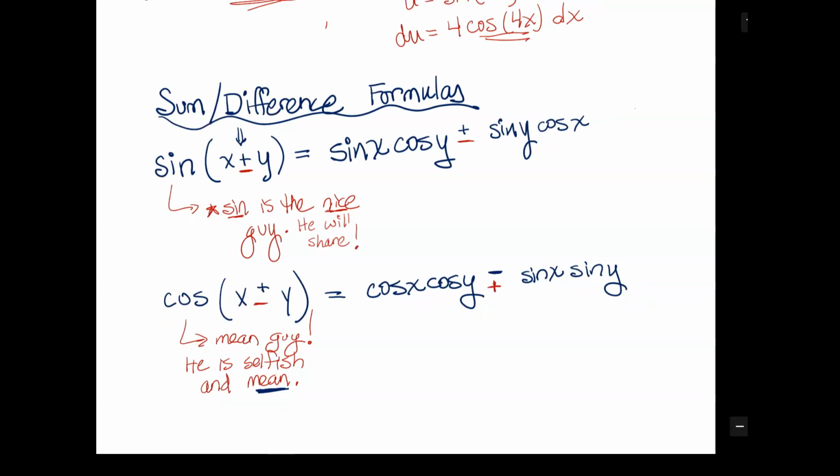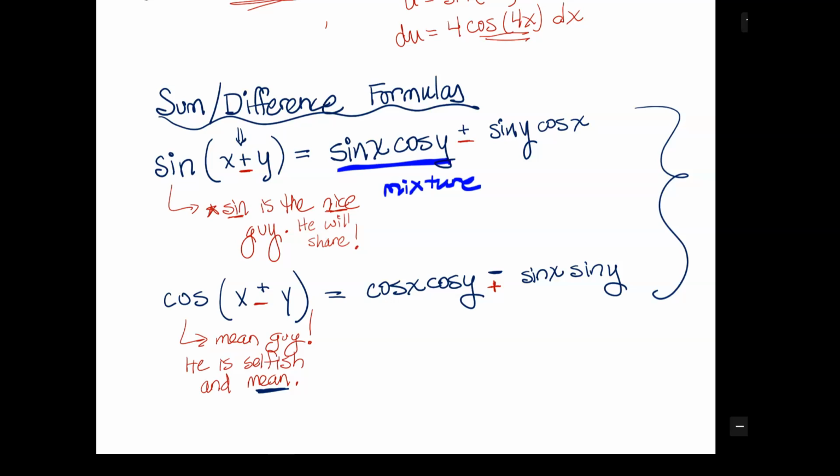We look at the right-hand side of those identities, and try to identify which piece we're dealing with. Do we have a mix of sines and cosines? Do we have strictly cosines, or do we have strictly sines? Those are the different things that we could possibly see. So here we have a mixture.